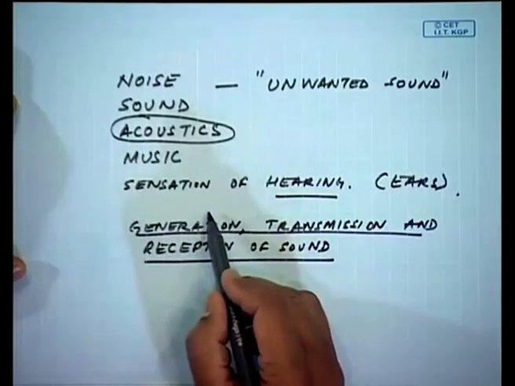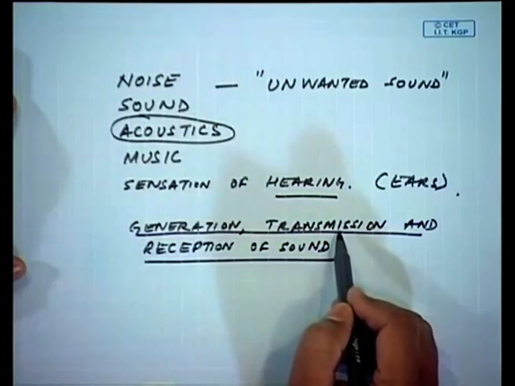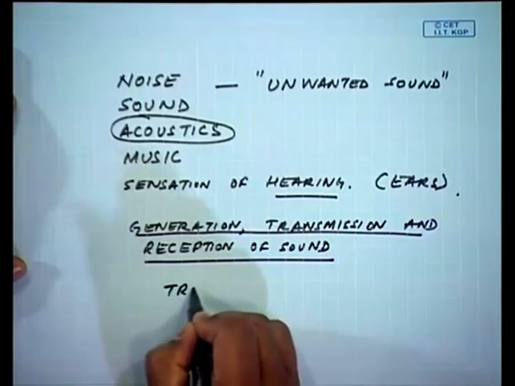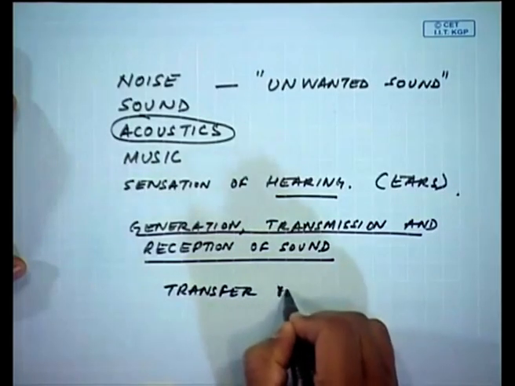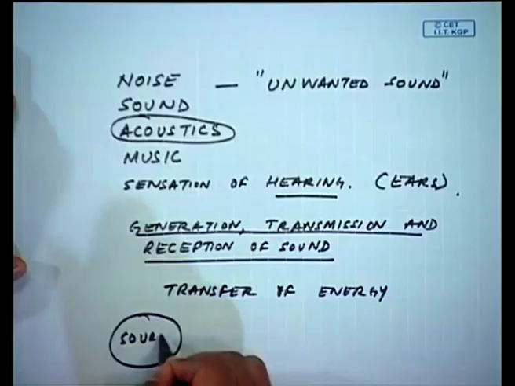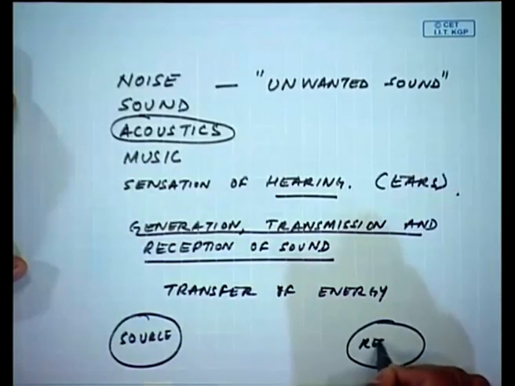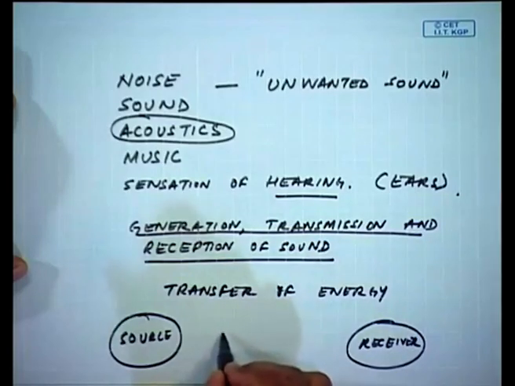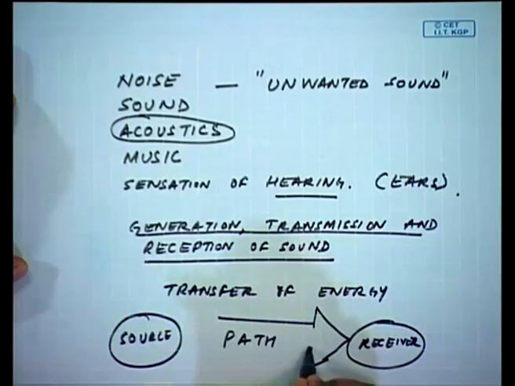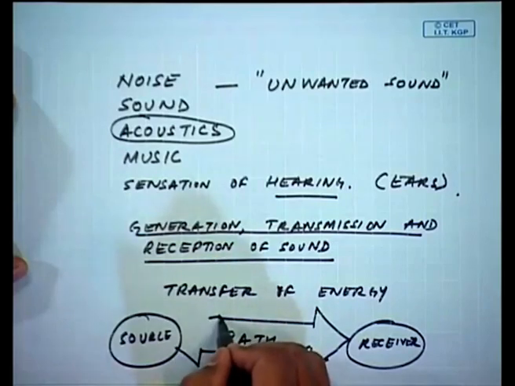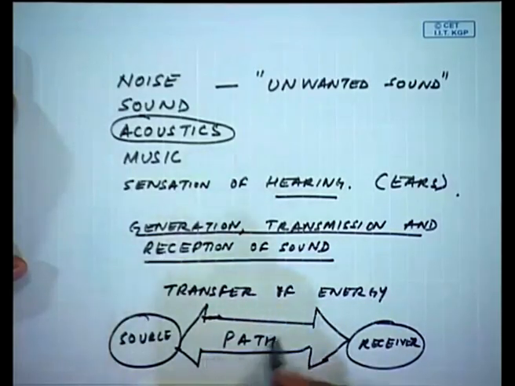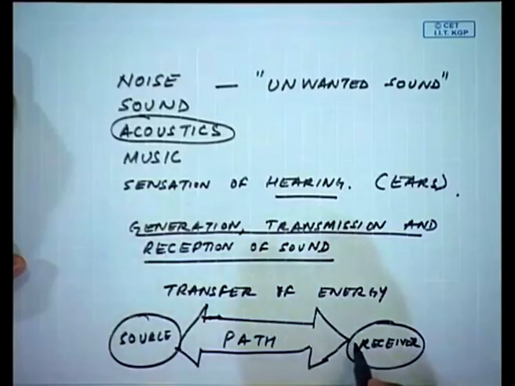Now, generation means basically talking about the source, transmission means about the media, because this sound is basically because of a transfer of energy from a source to a receiver, and obviously this requires a path. There is a path which is connecting the source and the receiver, and this energy gets transferred.